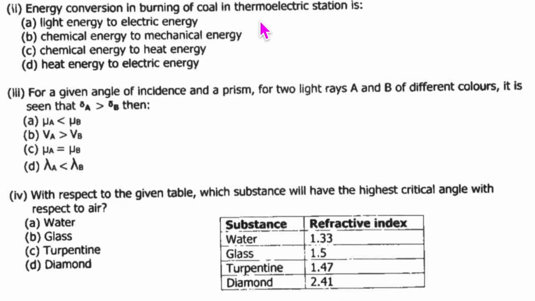Energy conversion, burning coal in a thermoelectric station. Thermoelectric station means heat into electricity, correct? Write it down. Then ma'am, why won't it be chemical energy? Because burning coal, right? Thermoelectric, it should be chemical into electric energy, no?